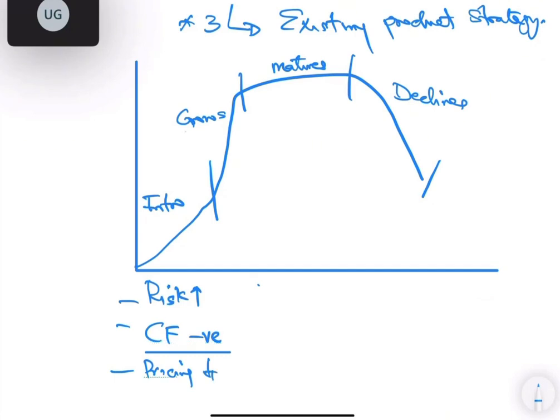But by the time you start growing, you are probably much better and you are able to charge good price at this point. But your cash flow will not be negative. At the same time, it's not likely that it's positive because you are just growing.